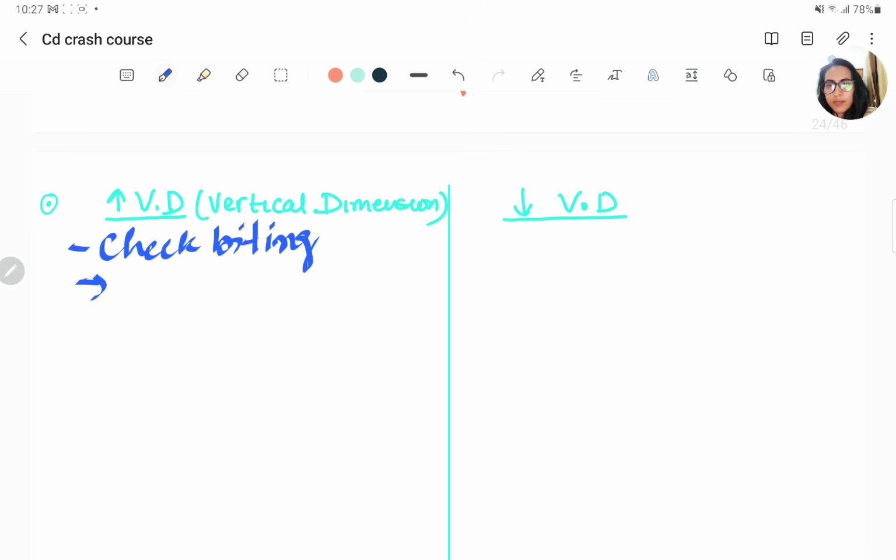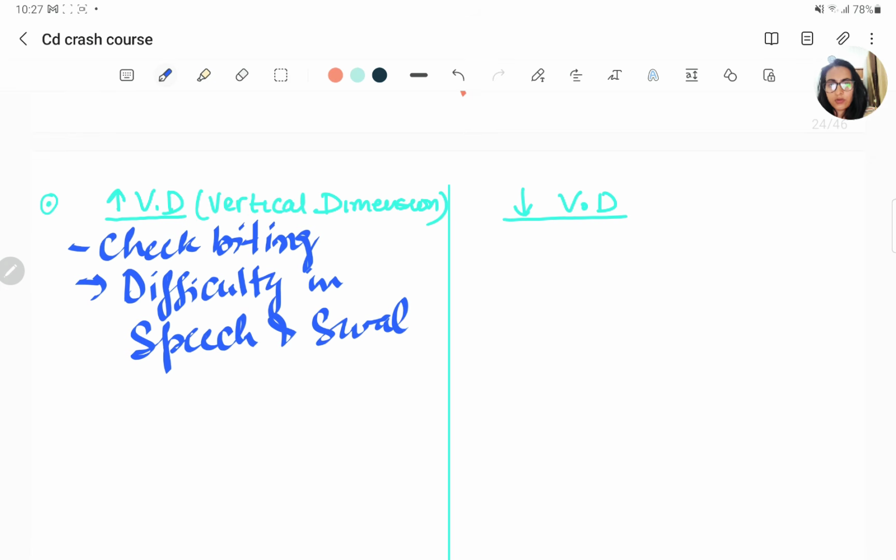And there will be difficulty in speech and swallowing, because the face has elongated. So the patient's mouth will be like this.